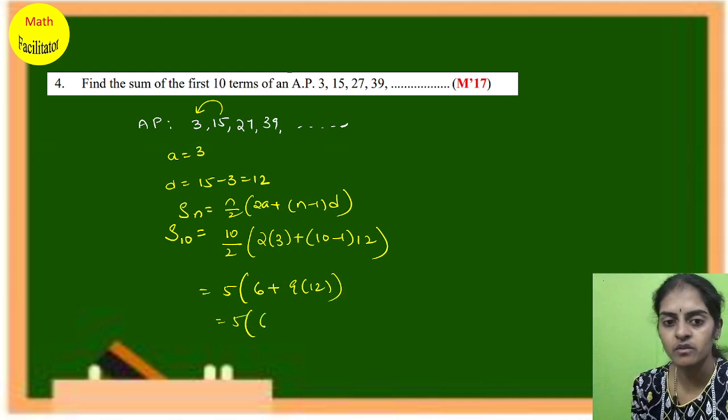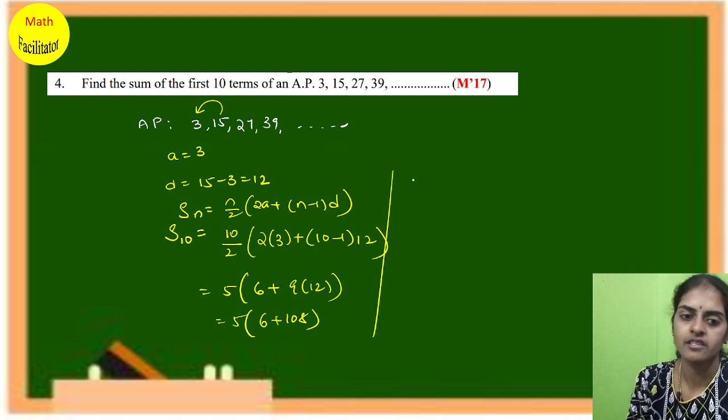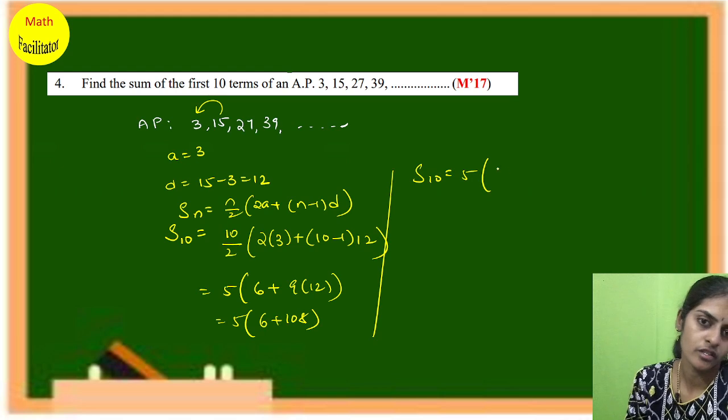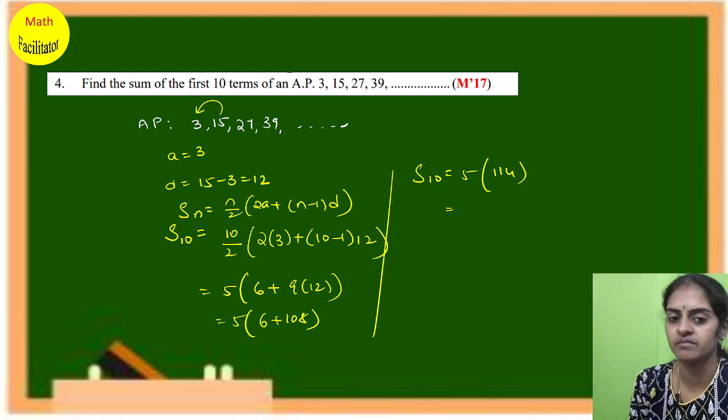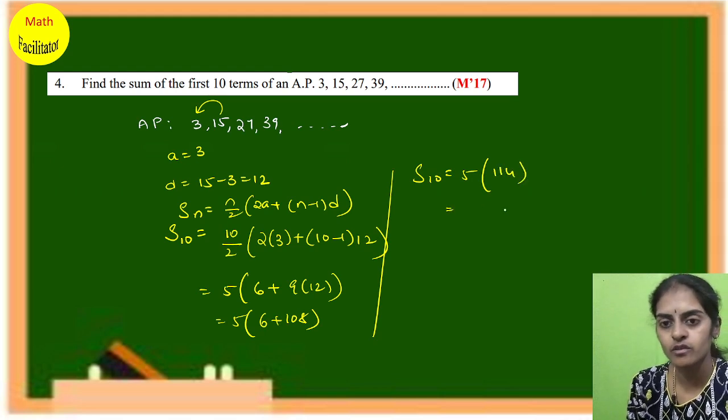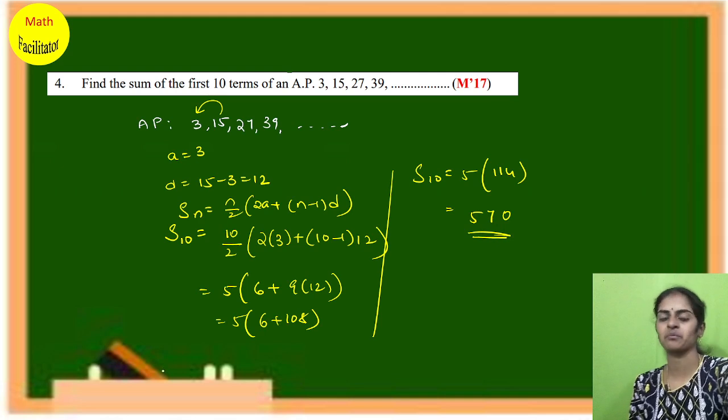So 5 into 6 plus 108, that is 114. So 5 fours are 20, 5 ones are 5 plus 2 is 7, so 570 is the answer.